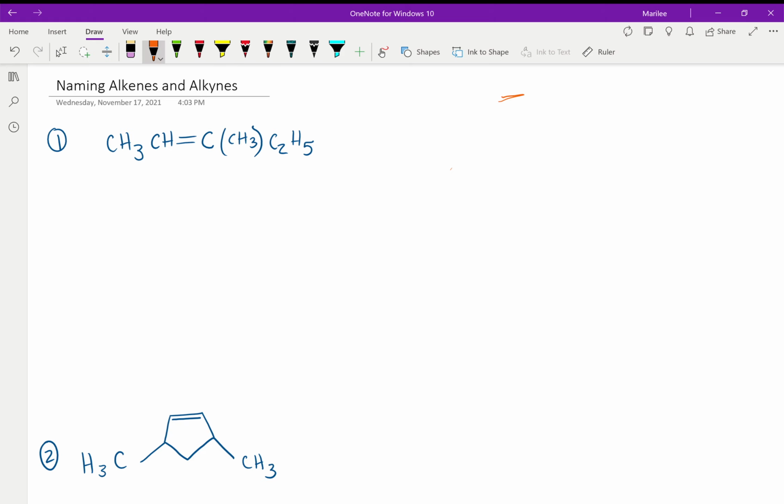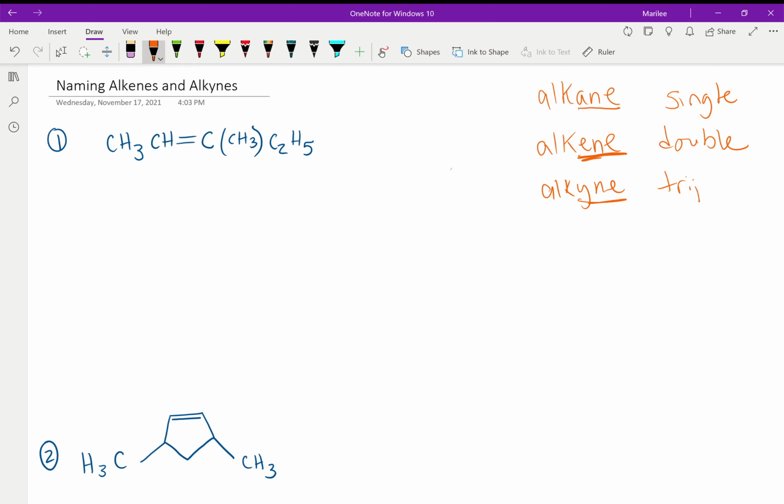If you remember from last week, the alkanes end in -ane, because they have single bonds, right? So when we get to double bonds and triple bonds, it is called alkene and alkyne. The -ene ending means a double bond is present, and the -yne ending means a triple bond is present.